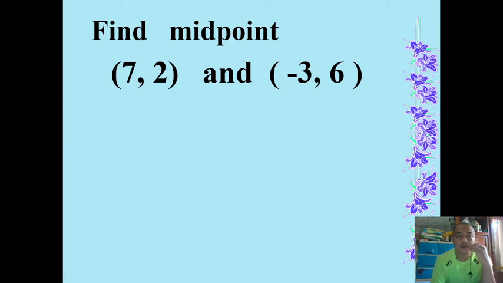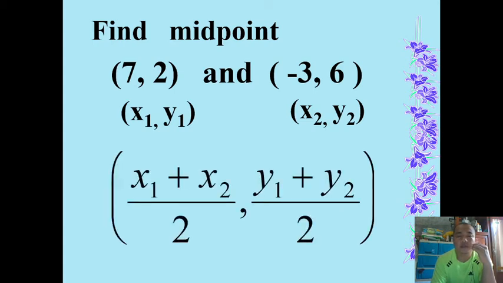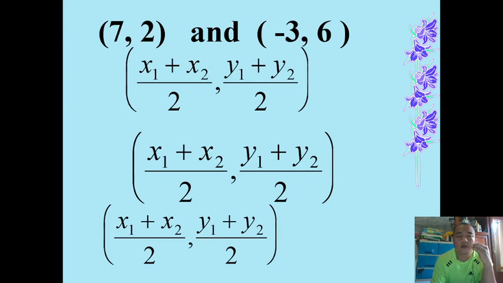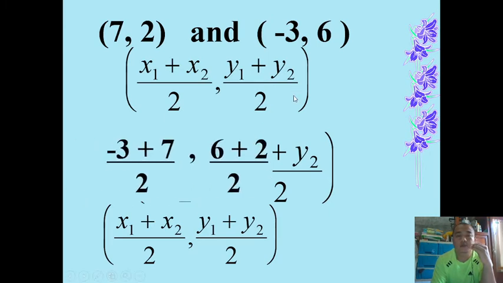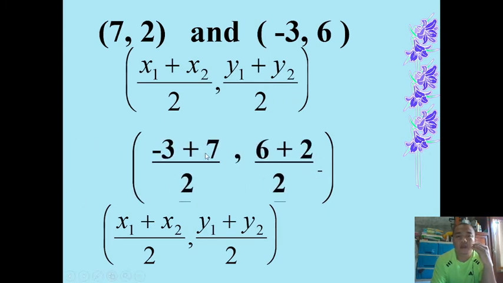Okay, another example. Find the midpoint of the line segment which has endpoints (7, 2) and (negative 3, 6). x sub 1 is 7, y sub 1 is 2, x sub 2 is negative 3, y sub 2 is 6. So using this formula, substitute: negative 3 plus 7, add the x coordinates divided by 2.